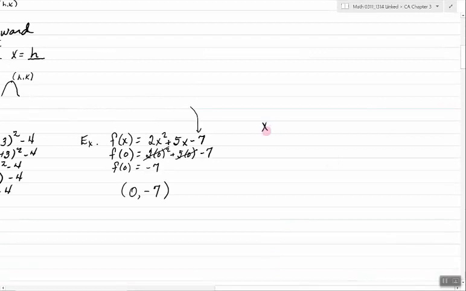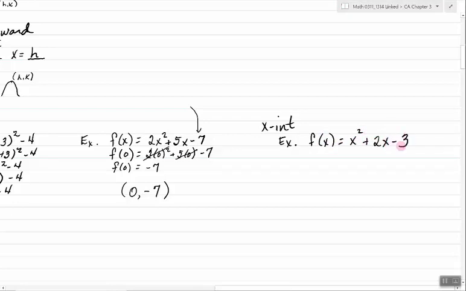When you are looking for x-intercepts, I'm going to do one in general form right now. If you had f of x is equal to x squared plus 2x minus 3, now, the y-intercept is easy. It is (0, negative 3). The x-intercept means that y is 0.